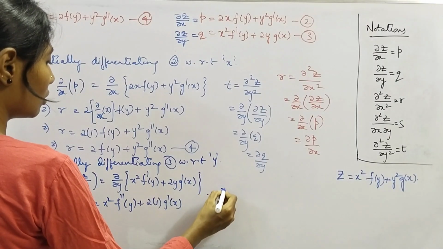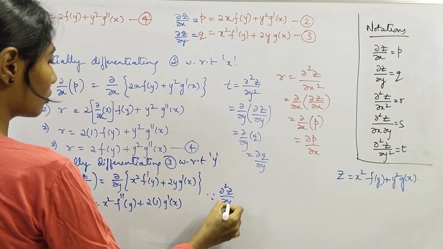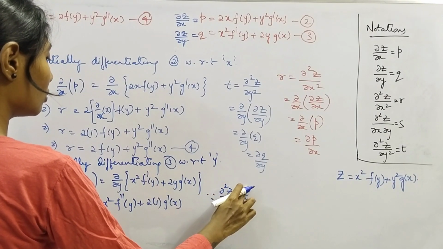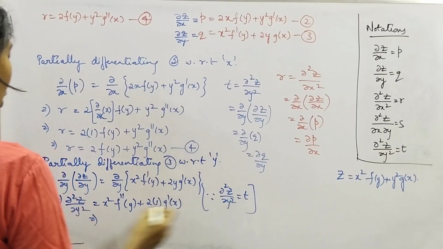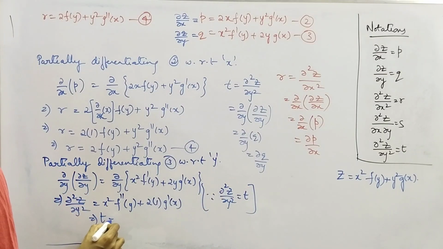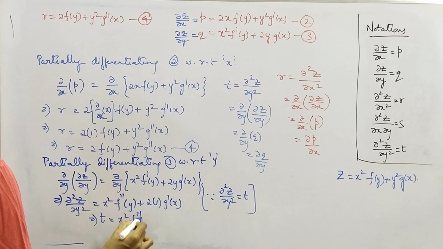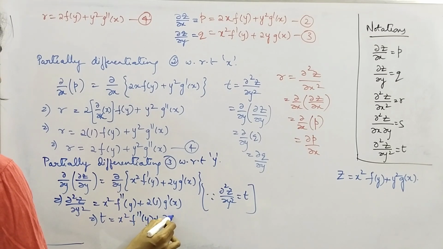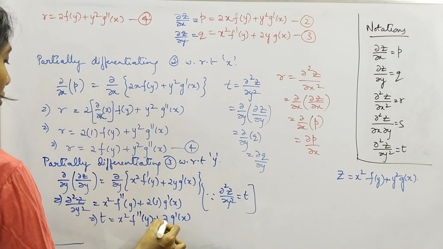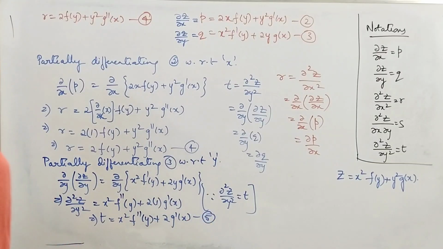Since dou square z by dou y square equals t, just replace it by t, you'll get t equal to x square f double dash of y plus 2 into g dash of x. This is your equation number 5.